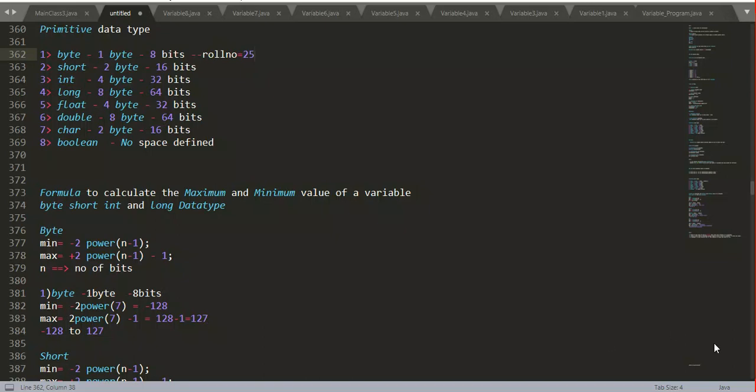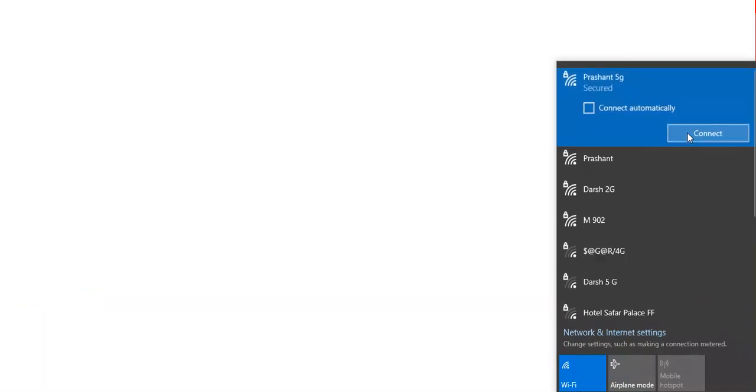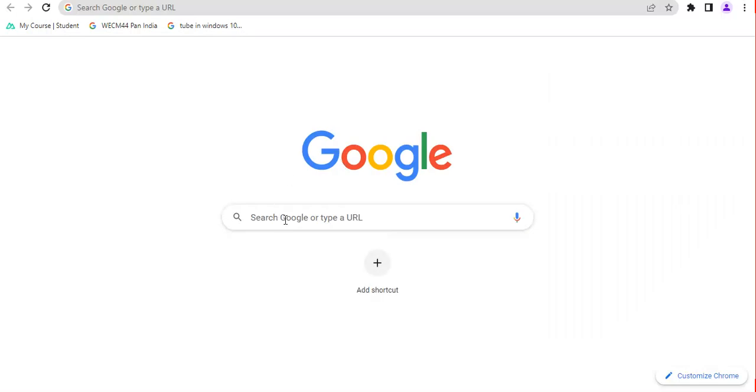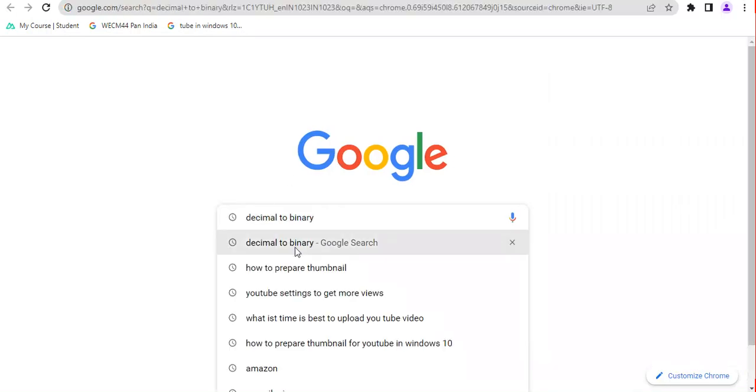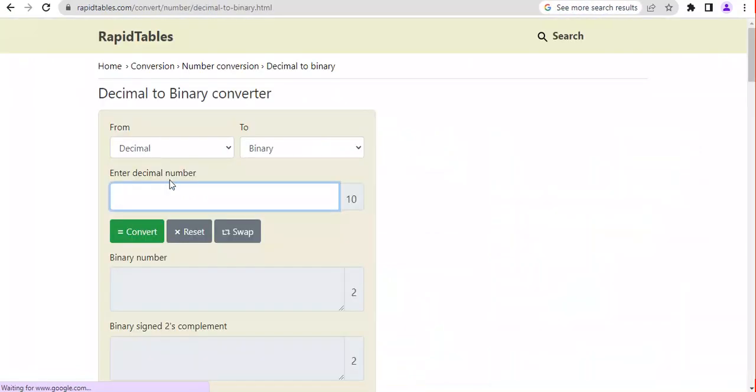Decimal to binary. See, 25, the roll number.